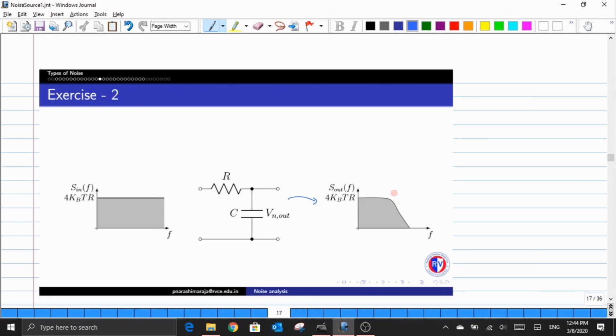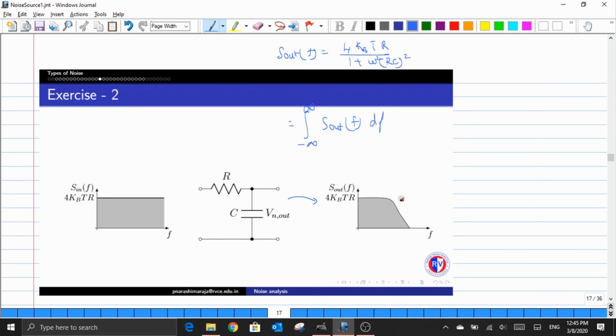And now that we have computed the first term, that is the noise spectrum at the output, which is given by this term, one has to evaluate the total average power at the output node. In order to calculate that, one has to use the Wiener-Khinchin relation, which is nothing but taking an integral from minus infinity to plus infinity over this power spectral density, specified as S sub out of F, into dF.